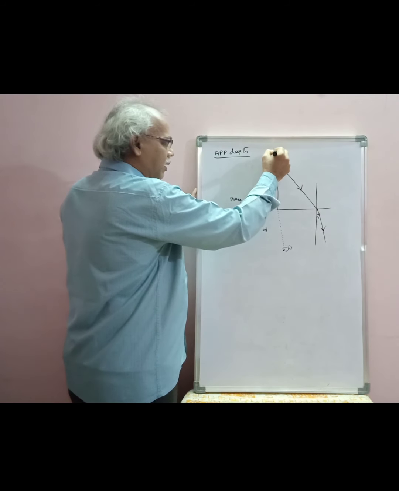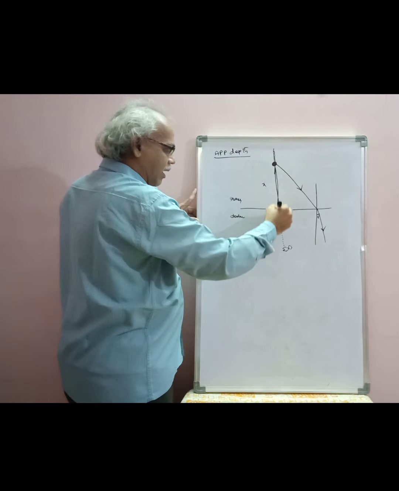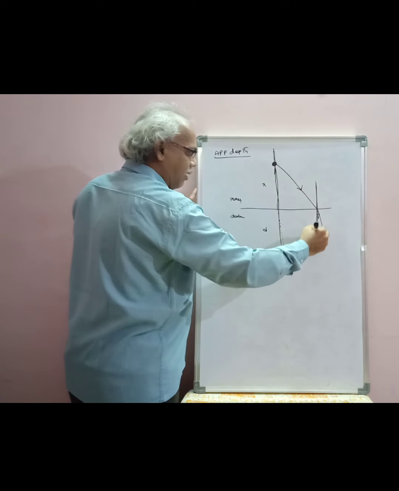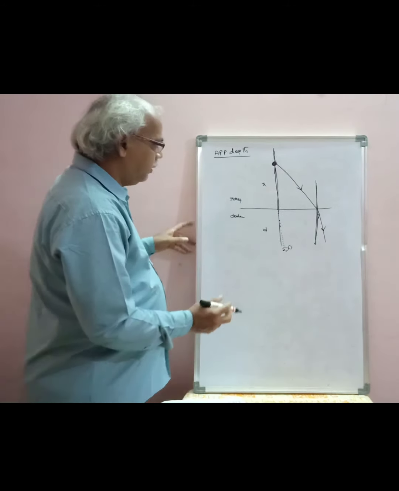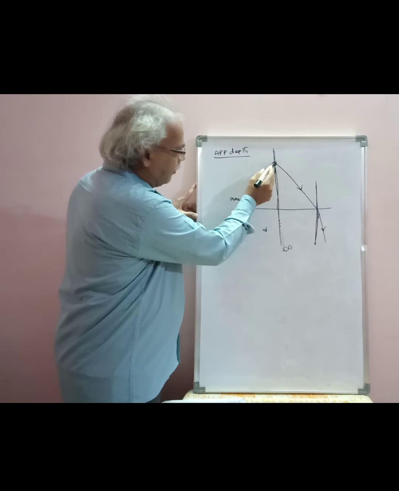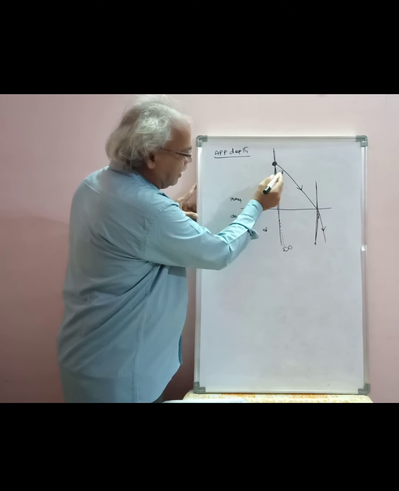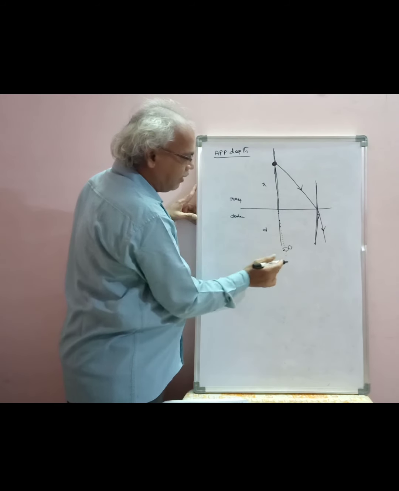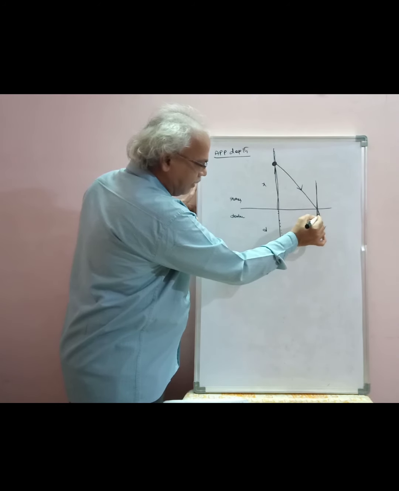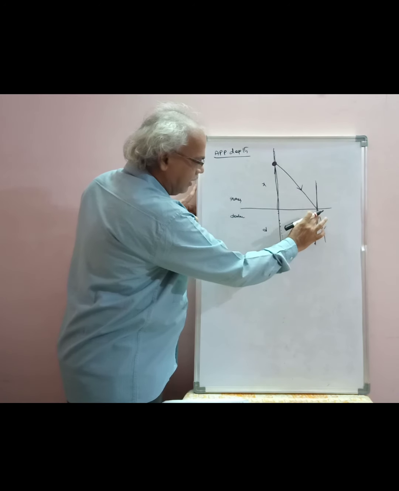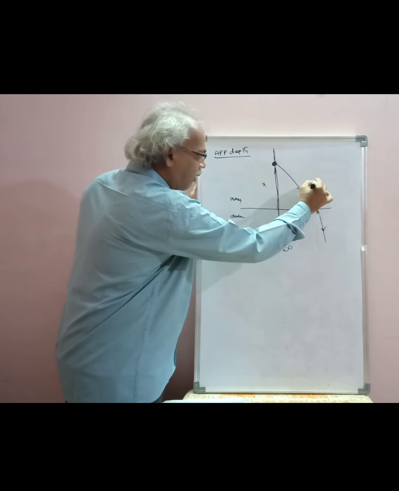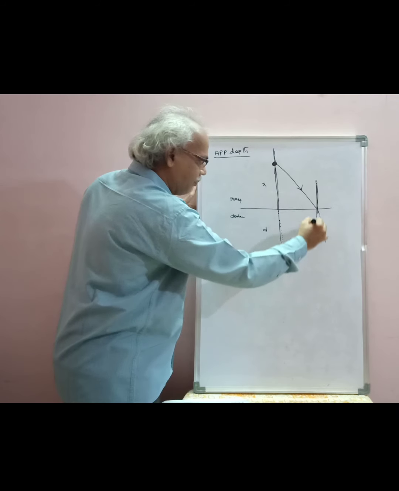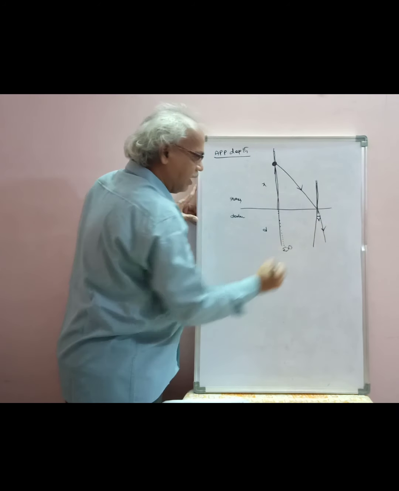Here also it is parallel to this normal. So here it is the object, the ray of light coming like this and refracting into the denser medium. So after refraction it bends towards the normal. Here the angle is that angle of refraction.